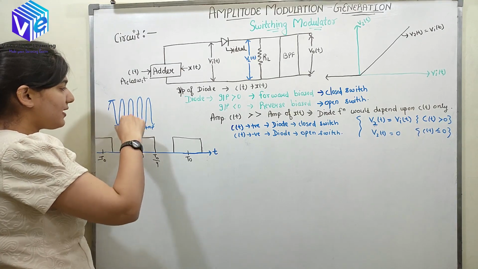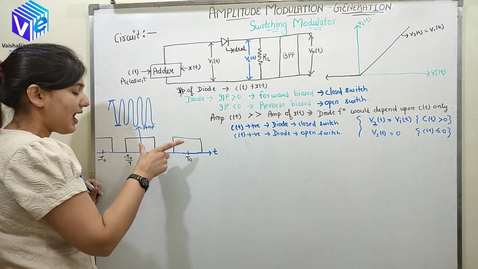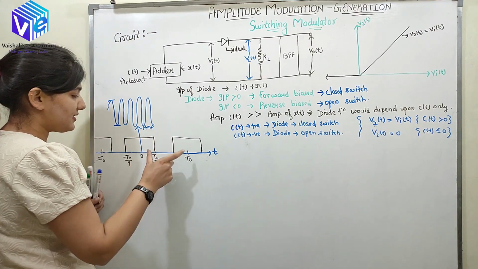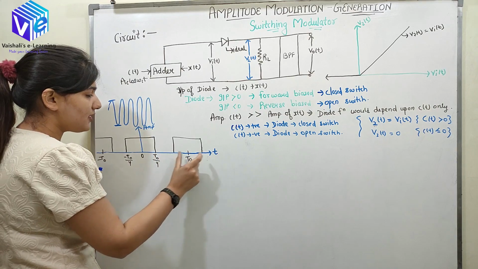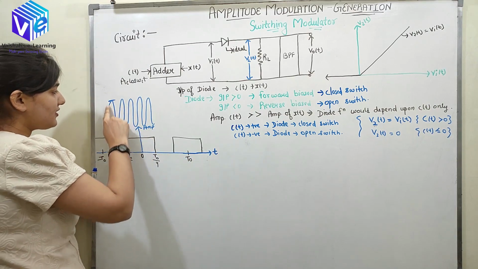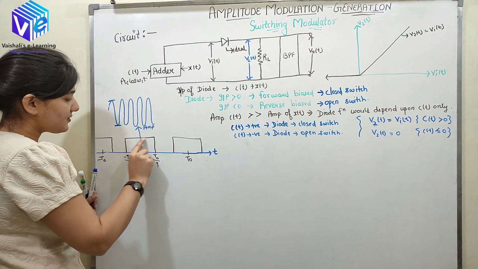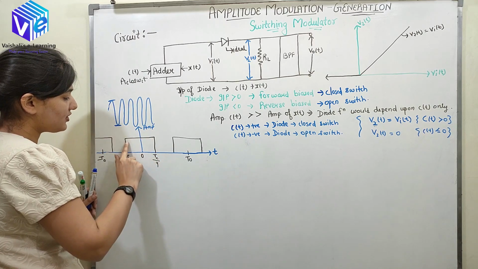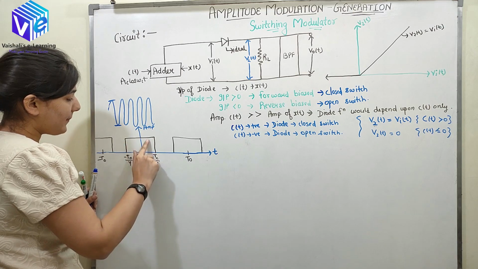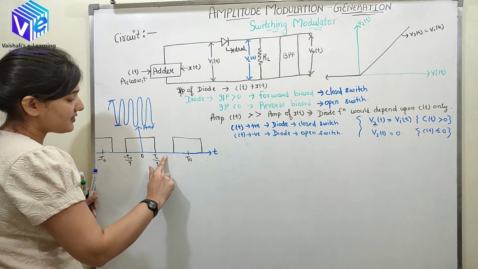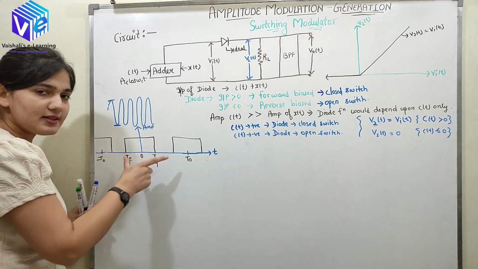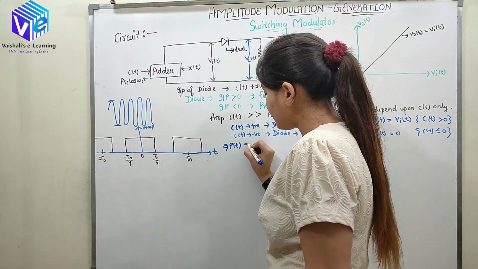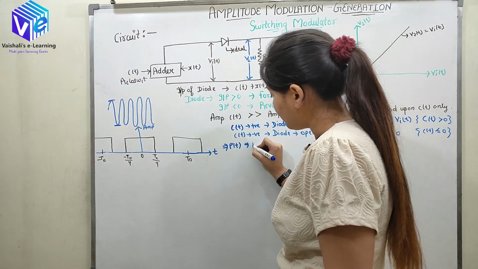It is the same throughout, so this pulse train would be of constant frequency. When the carrier is positive, it is a closed switch, and when it is negative, it is an open switch. The closed switch is represented by a pulse and the open switch is represented by no pulse. So this is the pulse p(t), which represents the functioning of the diode.